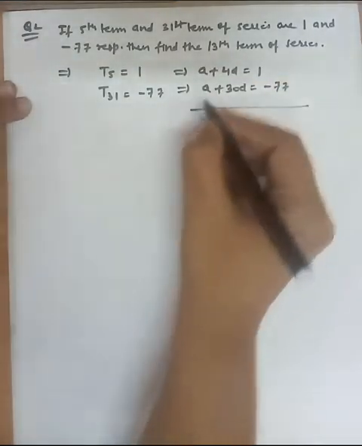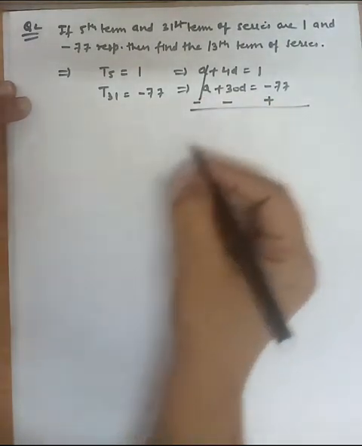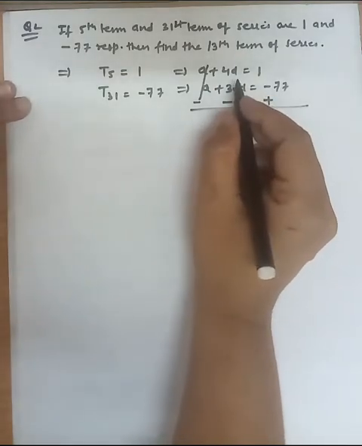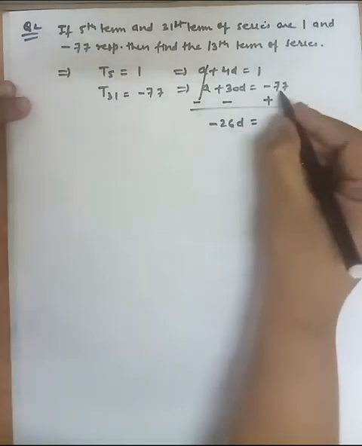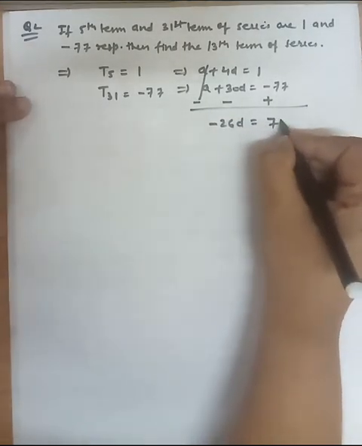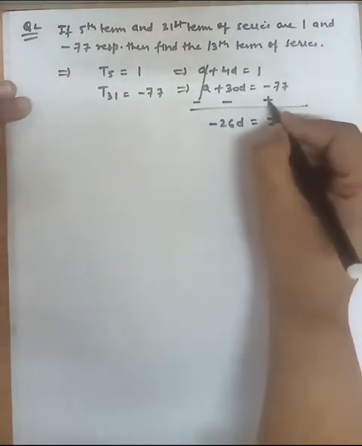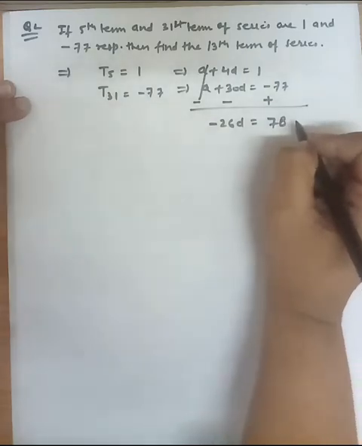Now solve both. So here, subtracting, minus 26d equal to 78, because minus minus 77 is plus 77, plus 1, it means 78.